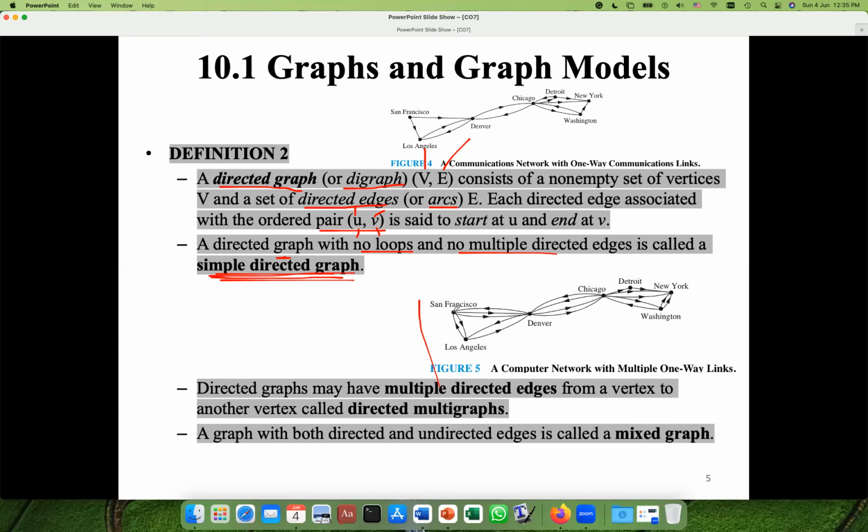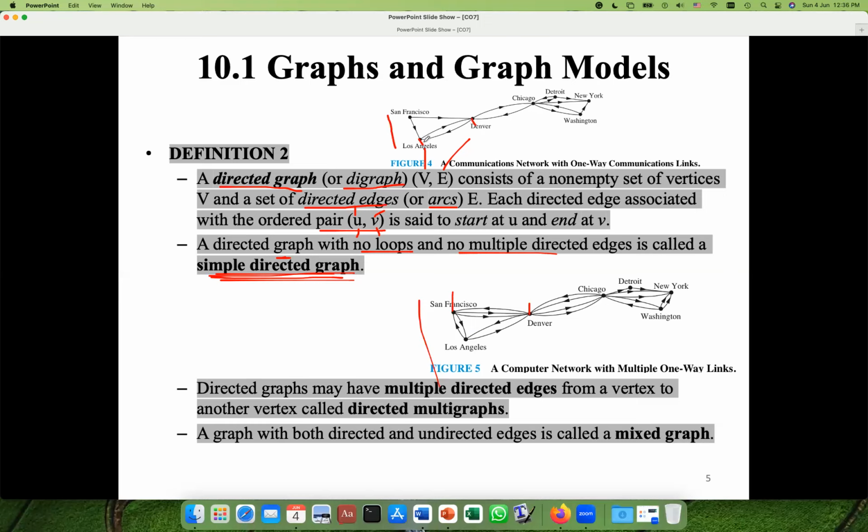Maybe this is the example of this definition. Look at Los Angeles and Denver: the direction is there, and the direction is there.